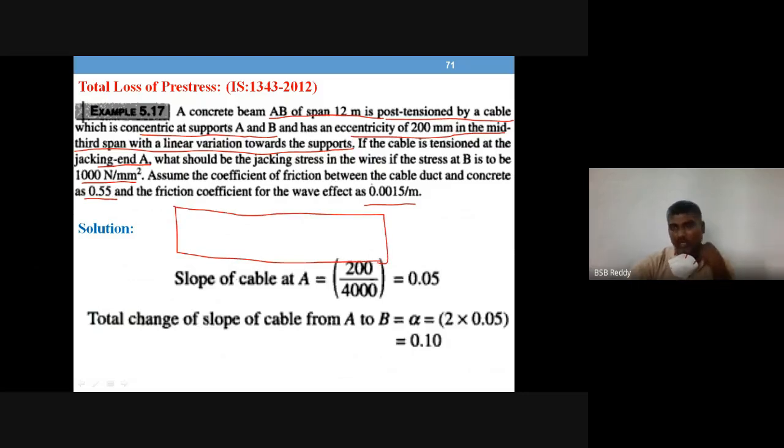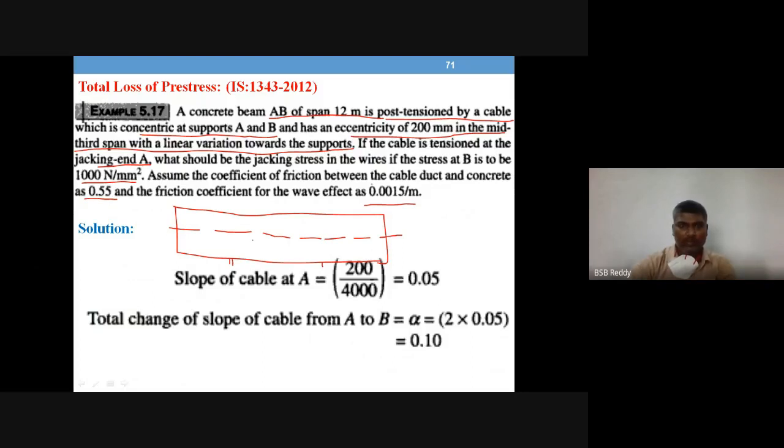So this is 12 meters. Break this into three equal parts, just for example. This is the CG of concrete.